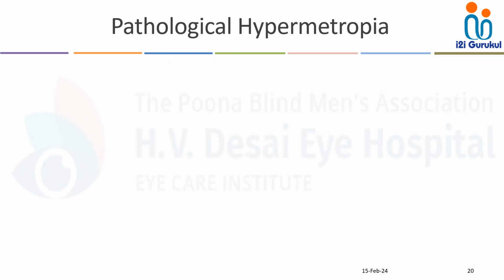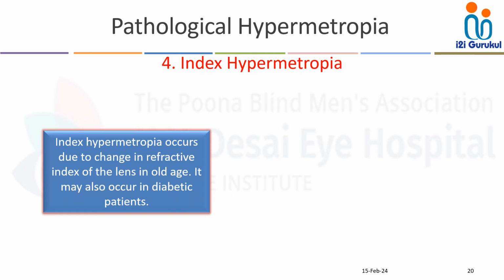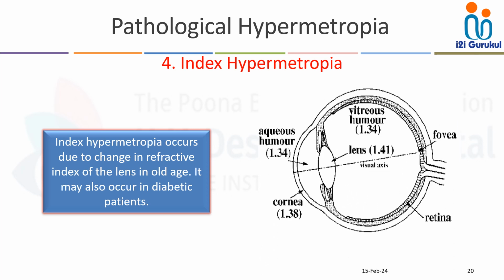Now the fourth one is index hypermetropia. Index hypermetropia occurs due to a change in the refractive index of the lens in old age. It may also occur in aged or diabetic patients.